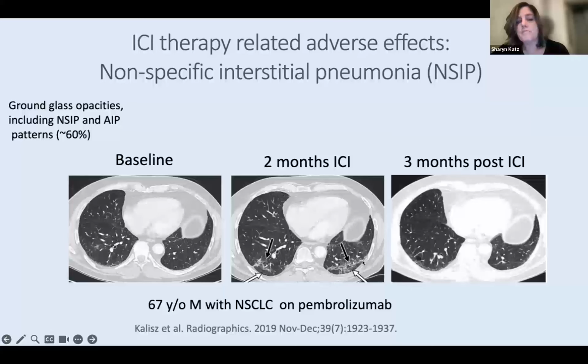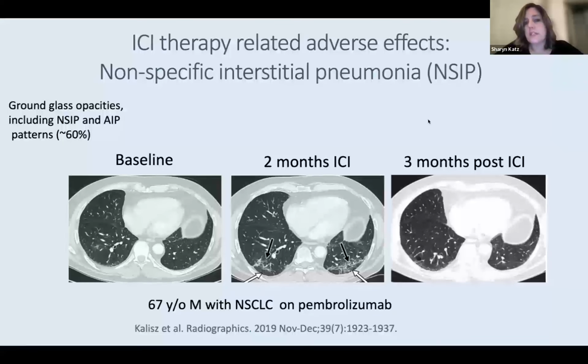This is also highlighting the very nice subpleural sparing, which is a classic appearance for non-specific interstitial pneumonia. If you don't have it, it doesn't mean it's not an NSIP, but when you do see it, it's helpful.